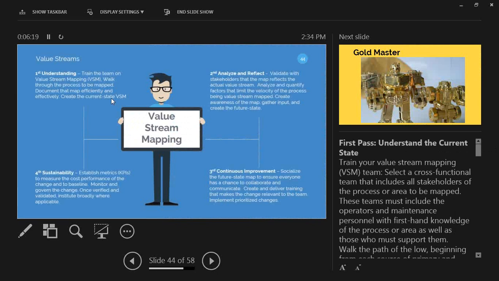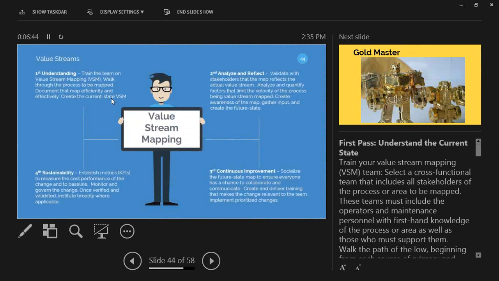So this is analyzing and reflecting. After I understand a process, then I'm going to analyze it. I'm going to look at what that current state is, and map out a future state that reduces the drag or increases the output that I'm getting out of it. And then, looking at continuous improvement, I've got to socialize this because most processes are across multiple groups or people for sure.